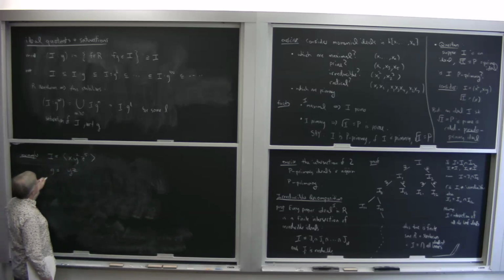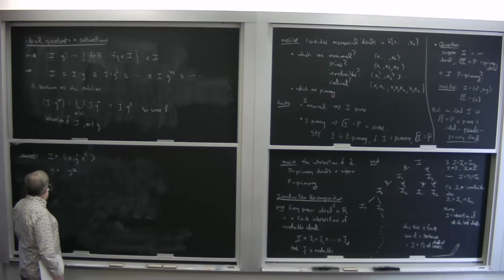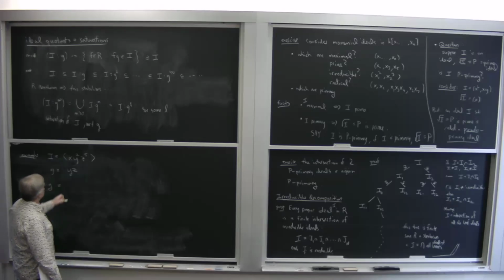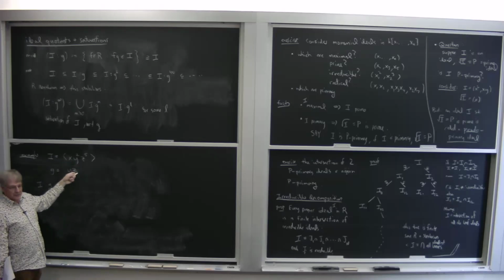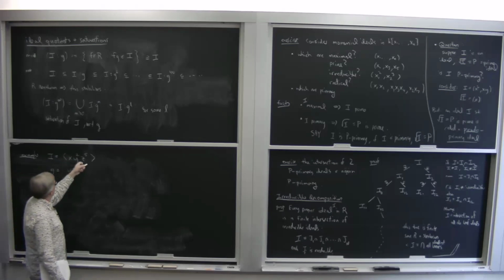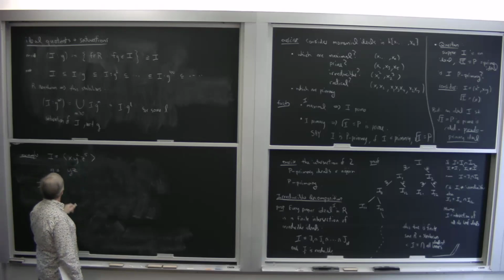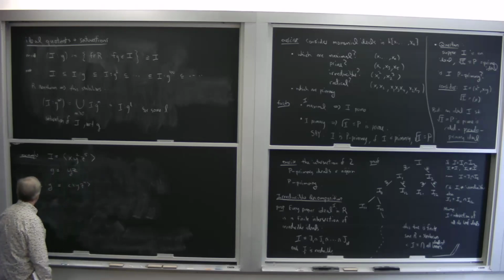Now what is I colon G? Whenever you see a YZ in the ideal, you get to divide it out. So I see a YZ here, I get X, Y, Z to the 4th.